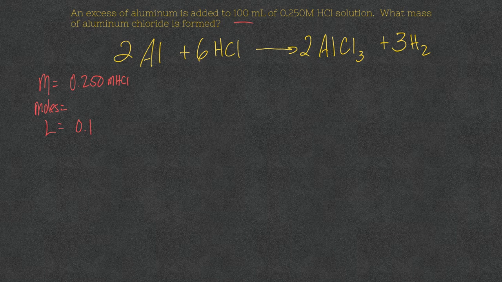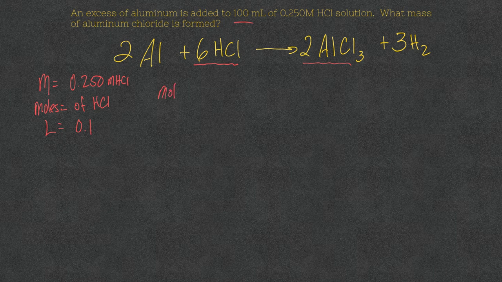What mass of aluminum chloride? So I think of this as, here's my starting point. Here's what my problem wants to know. So I need to figure out moles, and don't lose sight of what moles you're figuring this out for. I see many students just tell me that they're figuring out moles of aluminum chloride right away. No, all this information is about hydrochloric acid. So we're going to find out how many moles of hydrochloric acid that is.